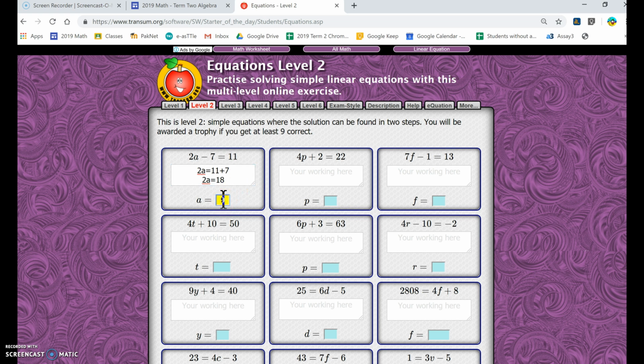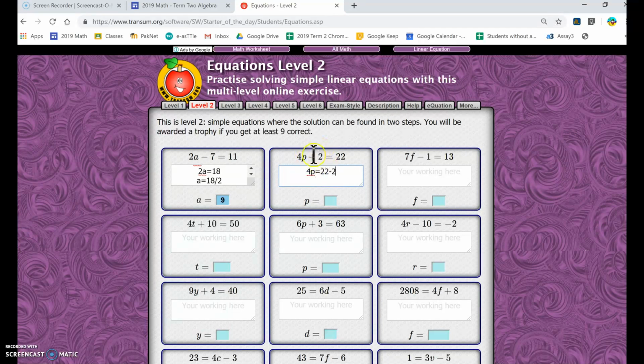For a, divide, and if we run out of space on the next line, that's cool. A equals 18 divided by 2, therefore a equals 9. So here we would go 4p equals 22 minus 2.